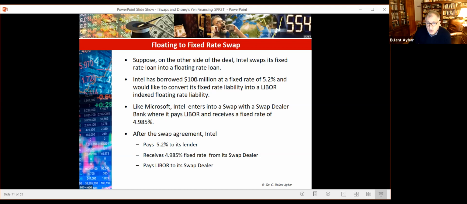So Intel originally has a loan that is about 100 million. The loan is at a fixed rate of 5.2%, but Intel is interested in converting this into a floating rate loan. The motivations for this might vary.